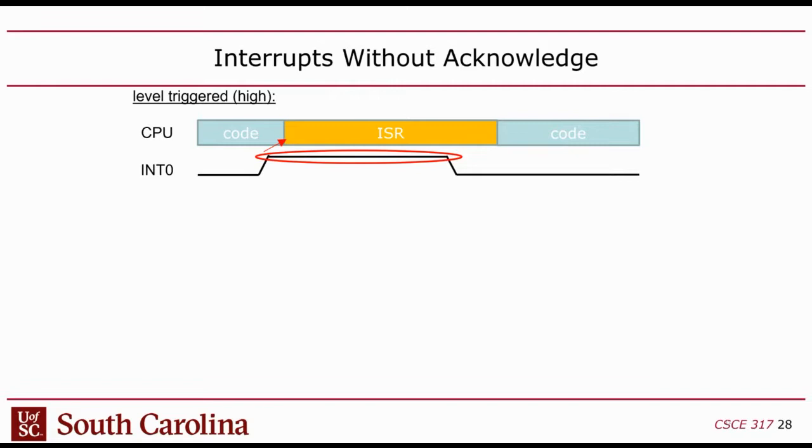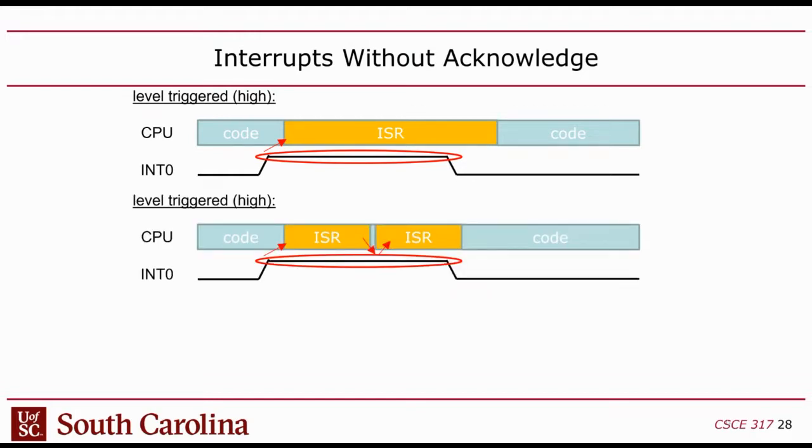If it doesn't hold it high long enough, the CPU may not see it, because sometimes you run things on the CPU that are not preemptible, not interruptible. For example, if it's servicing a page fault, or it's disabled its interrupts because it's doing something important and doesn't want to be interrupted.